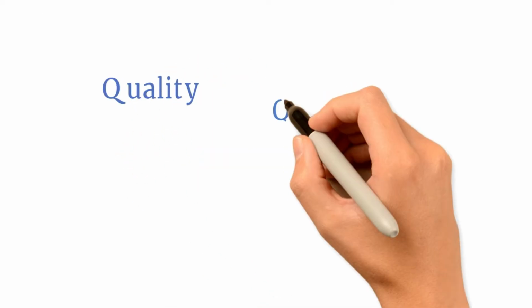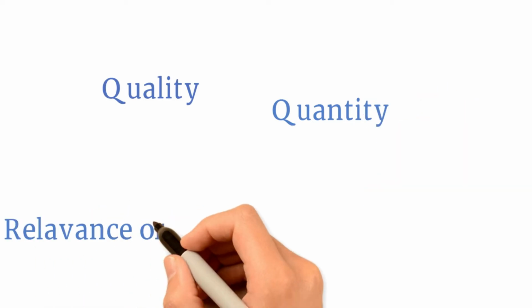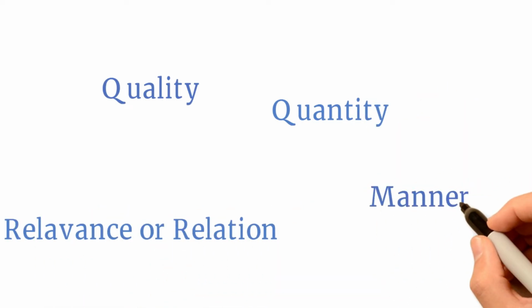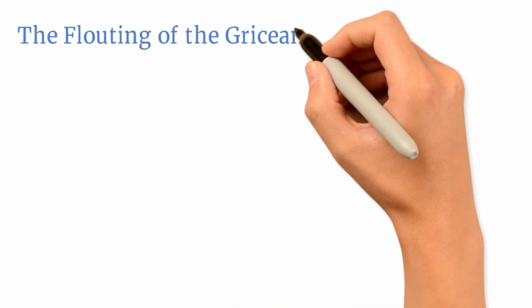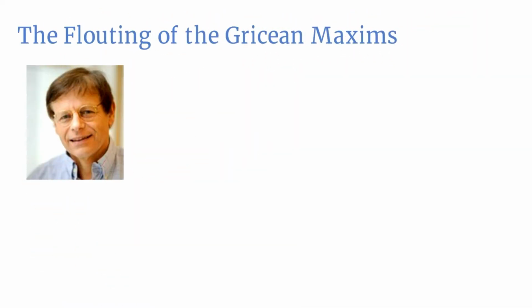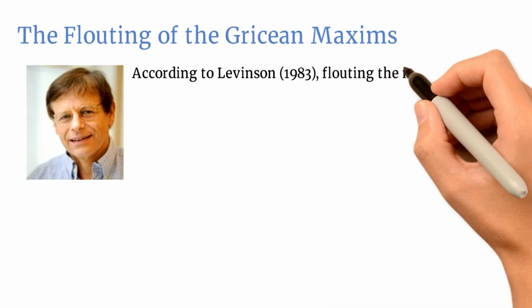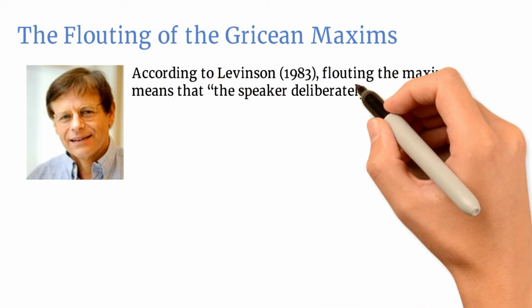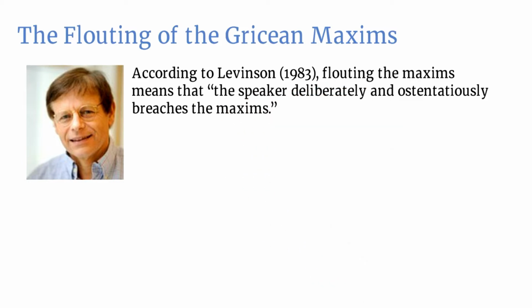Now that we have understood the four conversational maxims, we have learned that they can be flouted. You all might be wondering, what does flouting actually mean? According to Levinson, flouting means that the speaker deliberately and ostentatiously breaches the maxim.